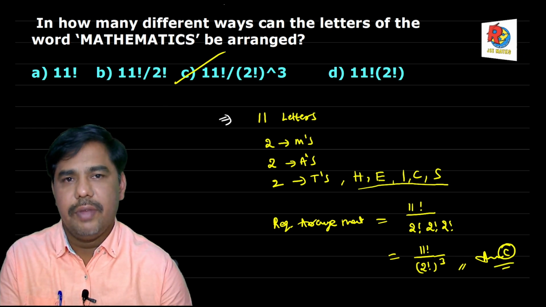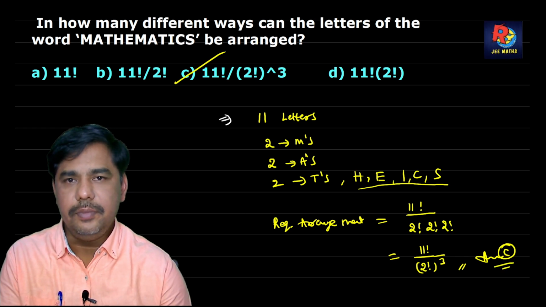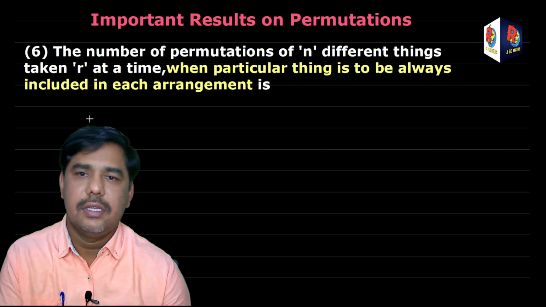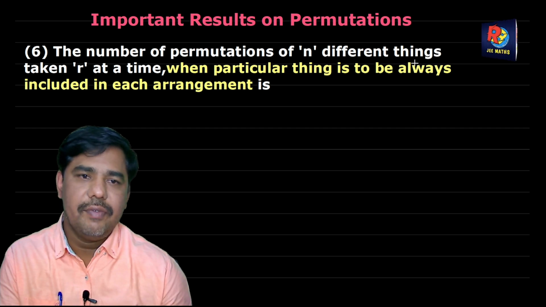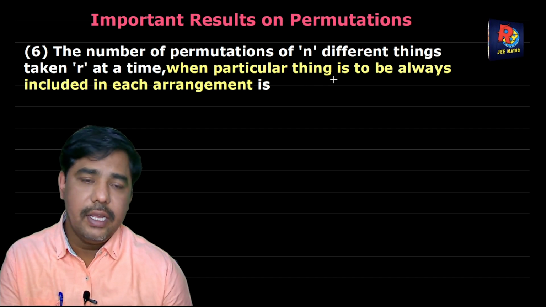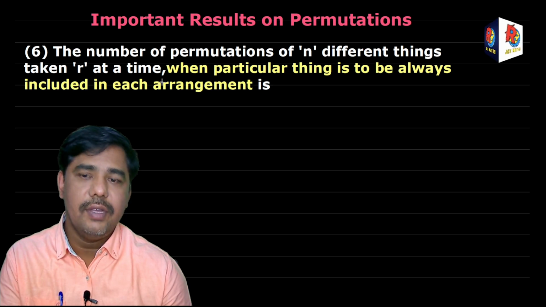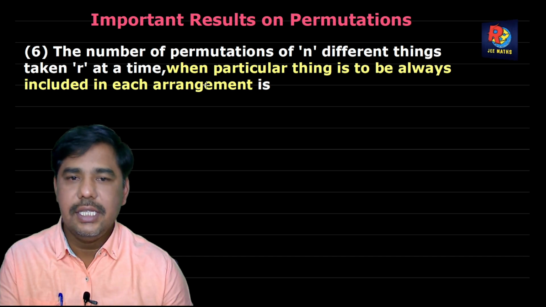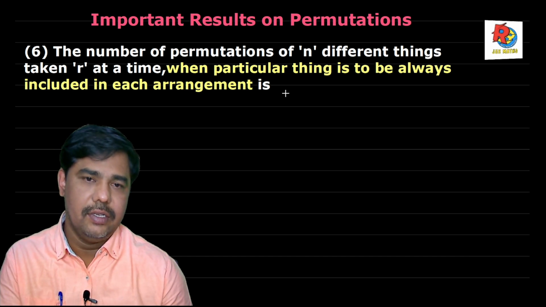Like this way we can find out. Next, here you can observe this. The number of permutations of n different things taken r at a time, when a particular thing is not to be always included, versus when the particular thing should always be included in each arrangement.